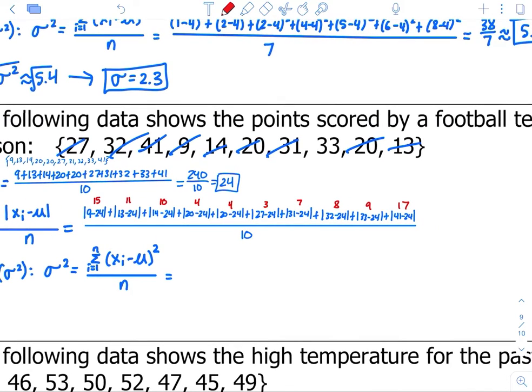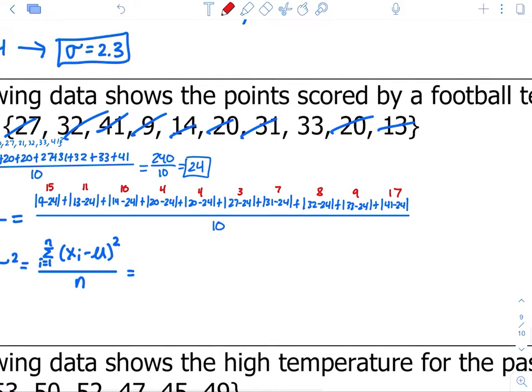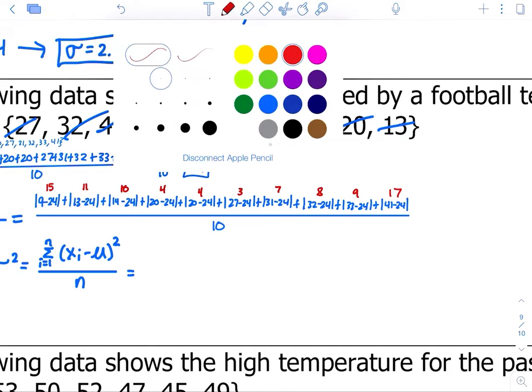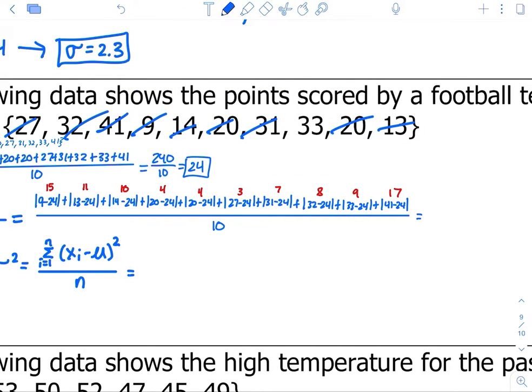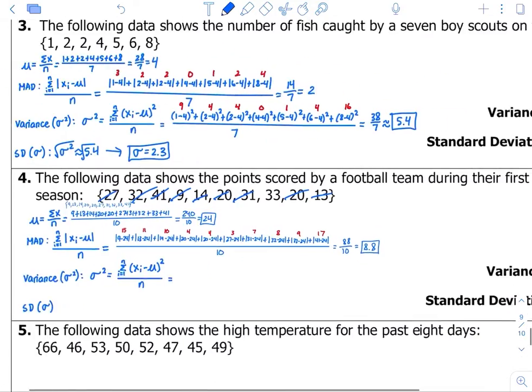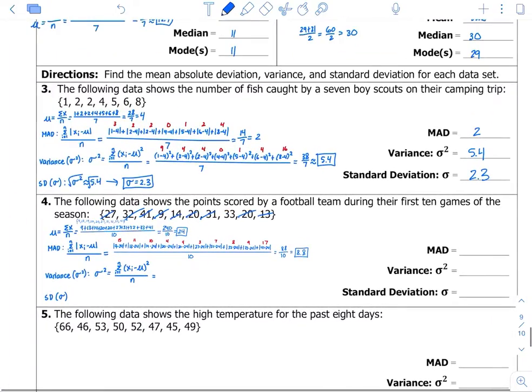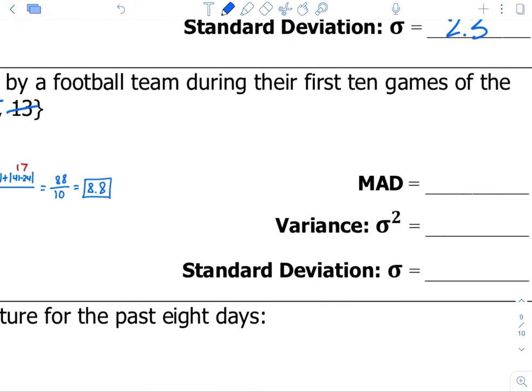So you guys have all those, and then you add up all of those numbers, and you get 15 plus 11 plus 10 plus 4 plus 4 plus 3 plus 7 plus 8 plus 9 plus 17. You get 88 all over 10, which simplifies to 8.8. So this is your mean absolute deviation, okay?